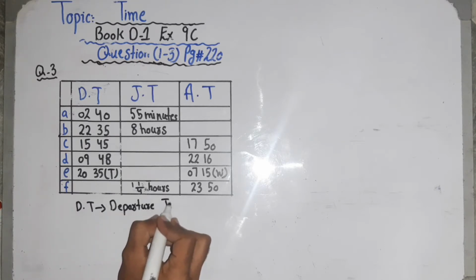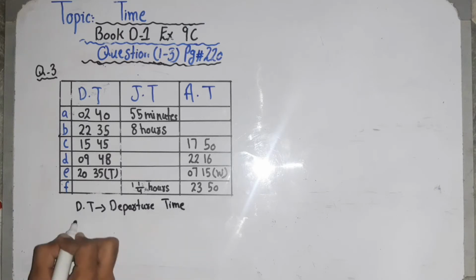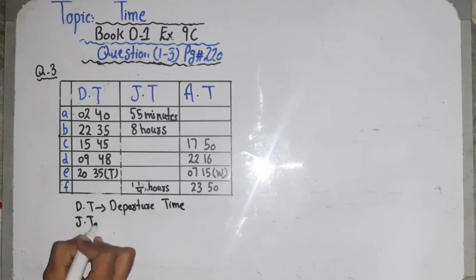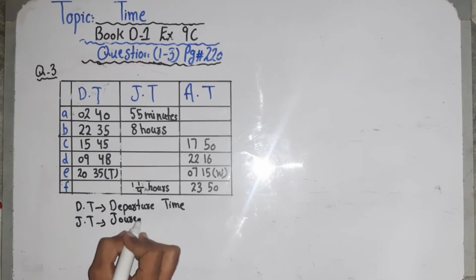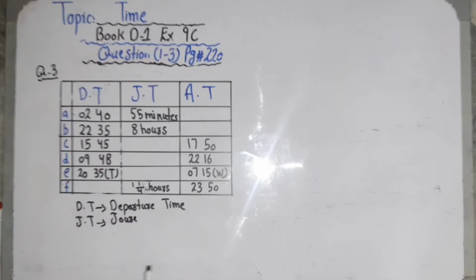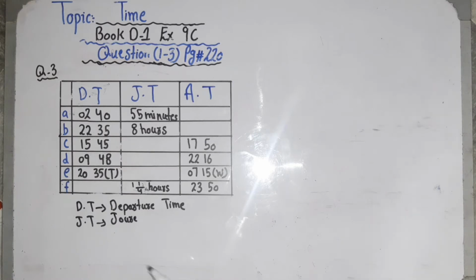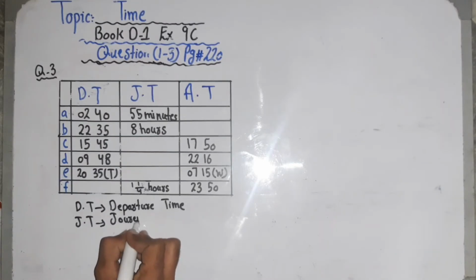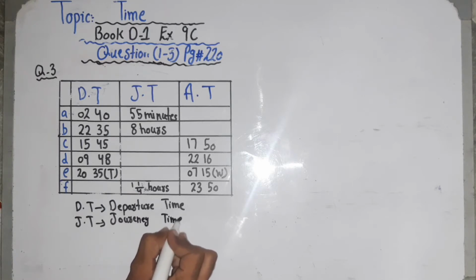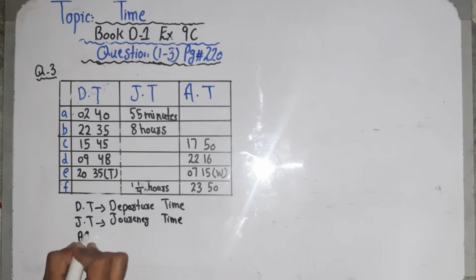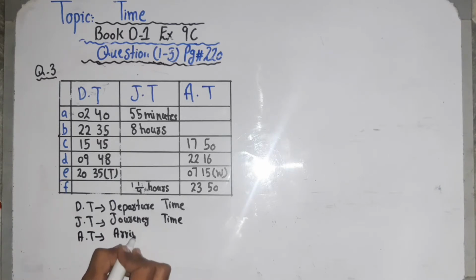Similarly, JT for journey time. The departure time is the time when we start our journey. And then we have arrival time. Arrival time means the time at which we arrive at our destination.